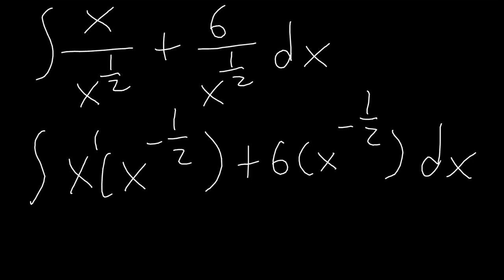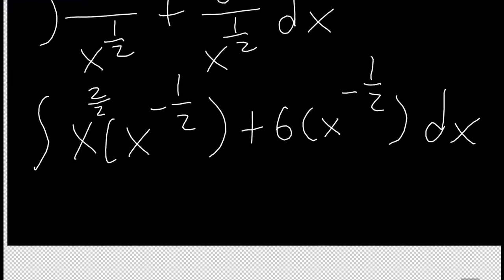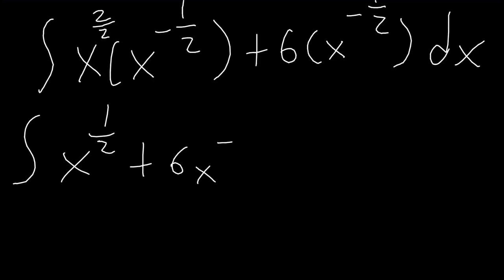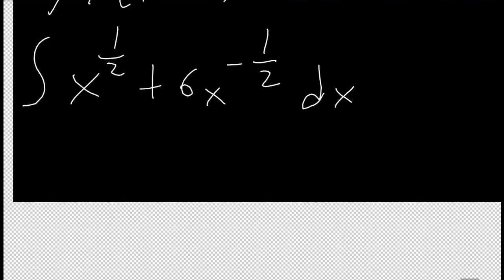So we can just multiply this in. We just add exponents when we're multiplying them. So it's x to the 2 over 2, which is equal to 1, so 2 over 2 plus a negative a half is just going to be x to the 1 half plus 6x to the negative a half dx.